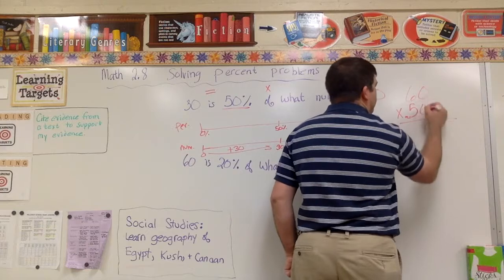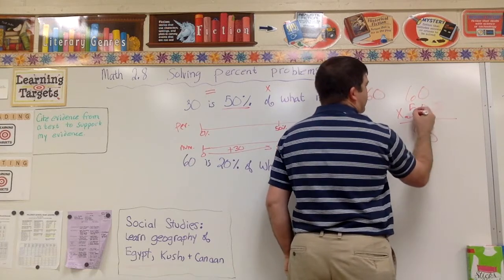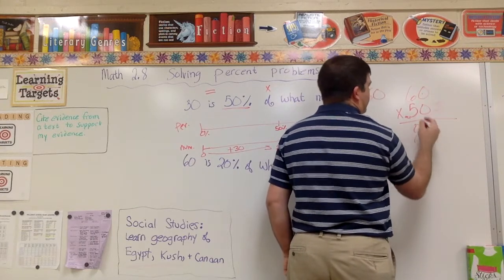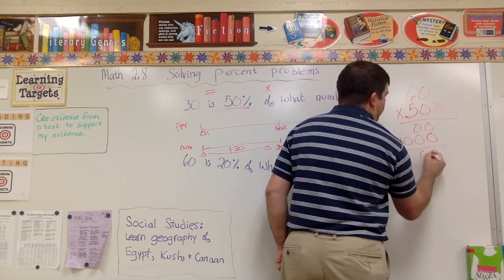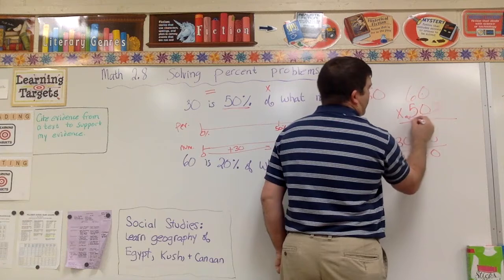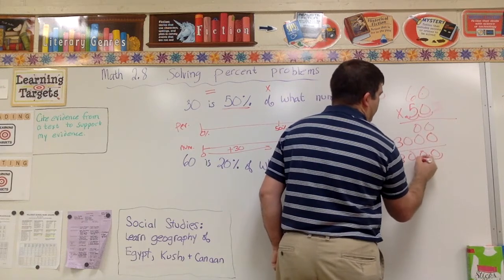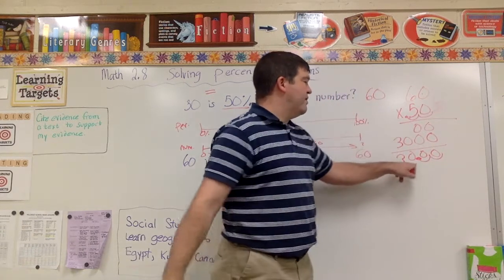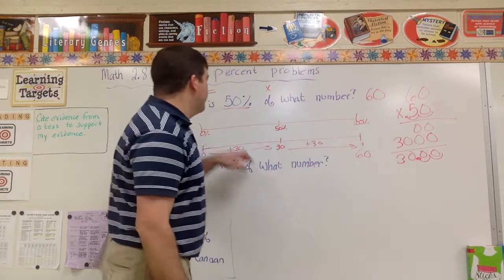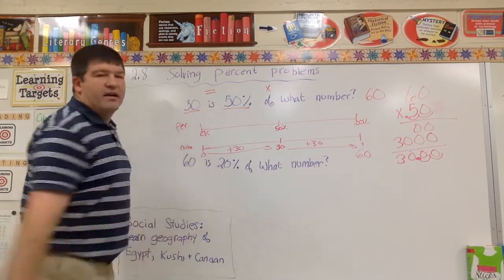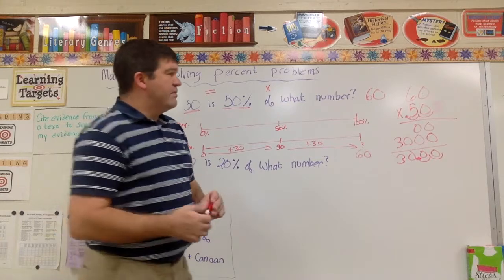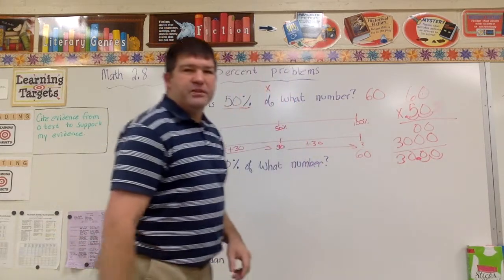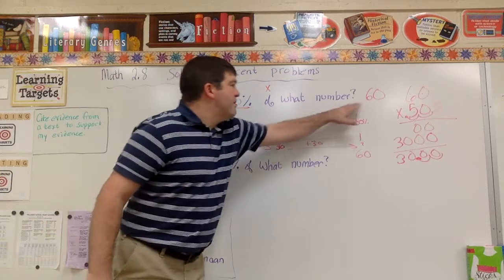Let's do that. 0, 0, add my 0. 5 times 0 is 0. 5 times 6 is 30. Add it up. My answer is 30.00 or just 30, which is what I already knew. So this is the way to check your work to make sure you have the right number.